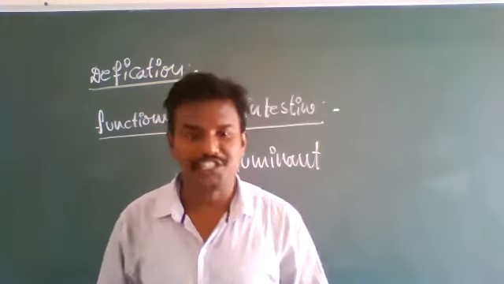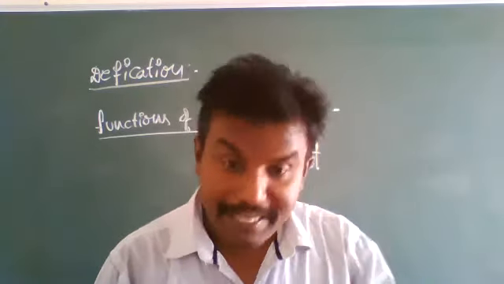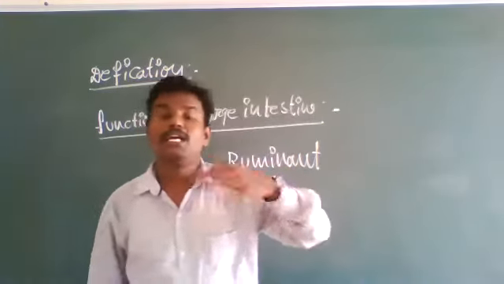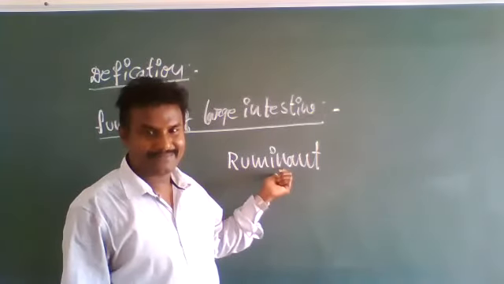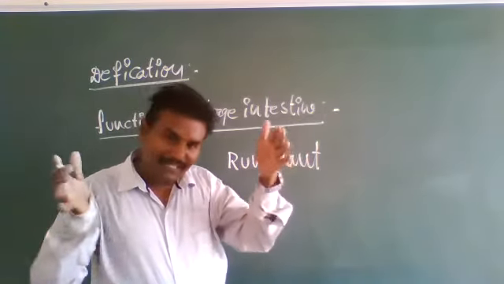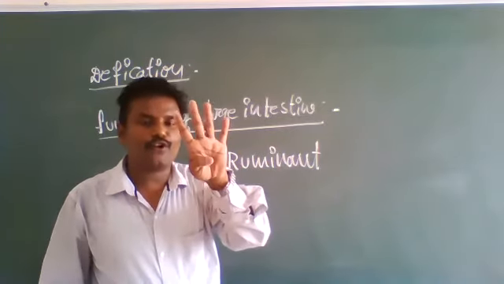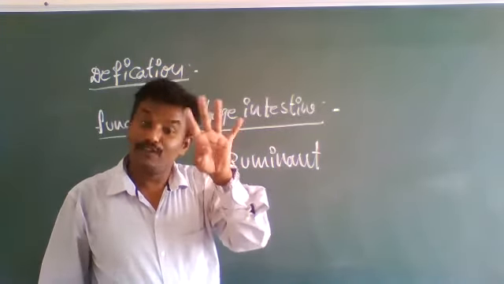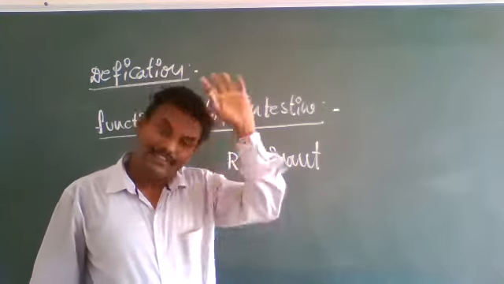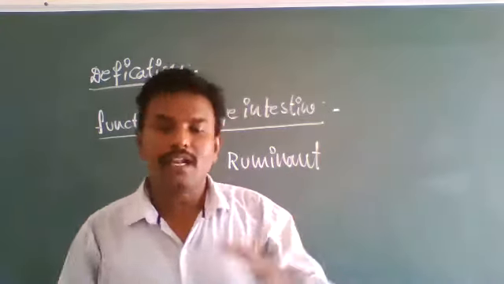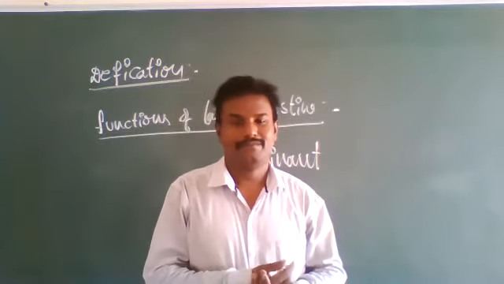This is called rumination. After free time, they bring the food material back into their mouth and grind it. That's why their digestive system has four chambers, not like us. Those four chambers are large chambers.